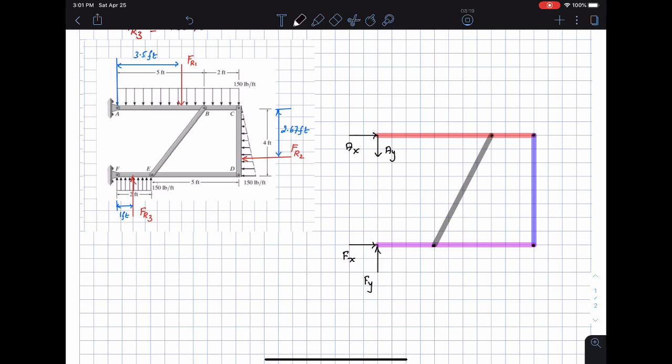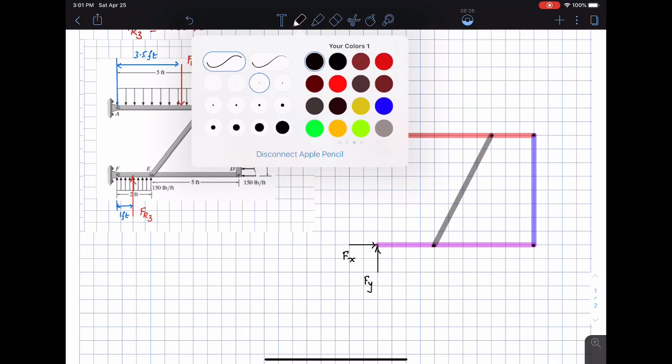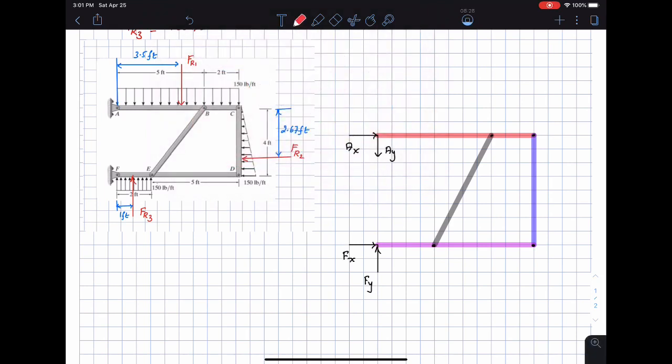Then I'm going to have the resultant forces FR1, FR2, and FR3 as we have drawn here. These are the forces FR1, which I'm going to draw right down here. Then I'm going to have the force FR2, which is acting on this bar CD, and the force FR3, which is acting right there.